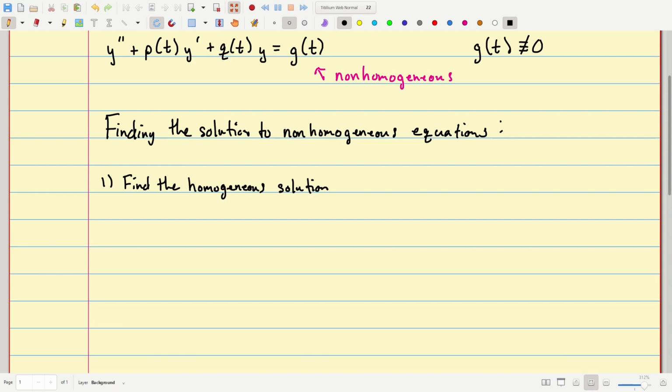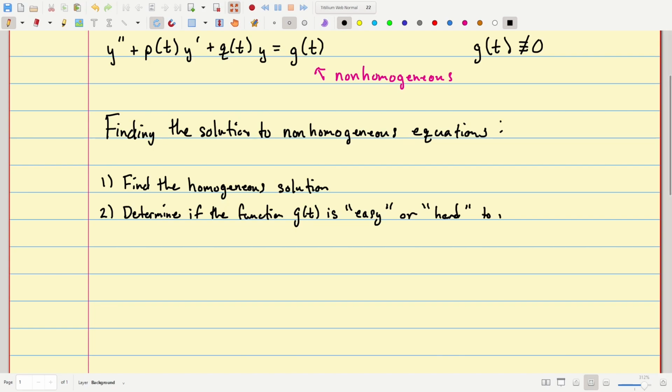Okay, it's always step one. The second thing we're going to do is make a judgment based on the form of g of t.